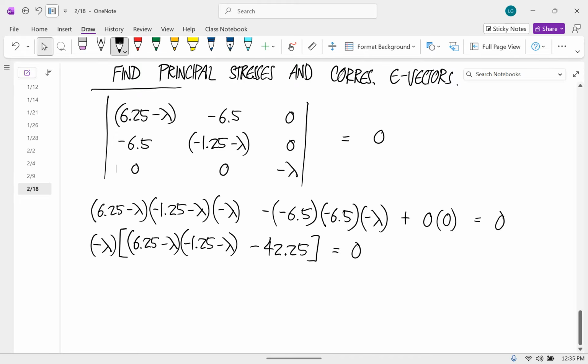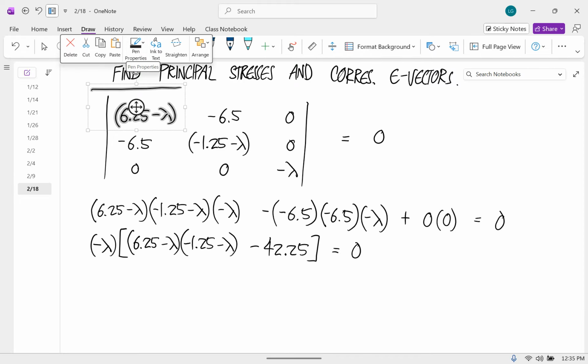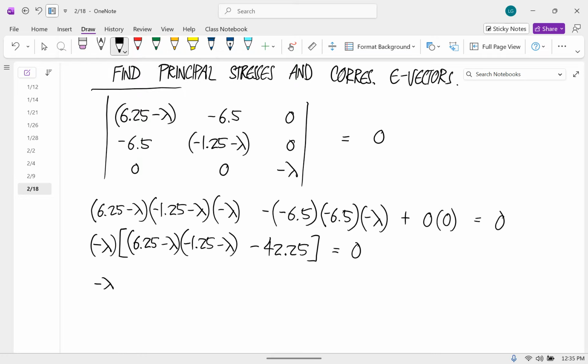And if you multiply this out and simplify it, you end up with, so we have that negative lambda, and then on the inside, we have lambda squared minus 5 lambda minus 50.06.